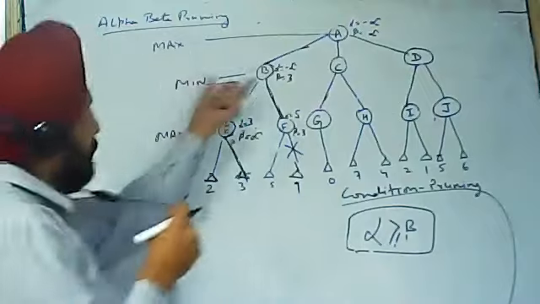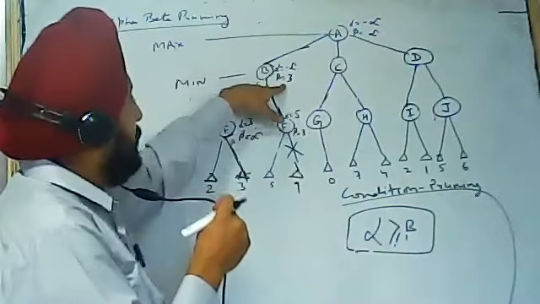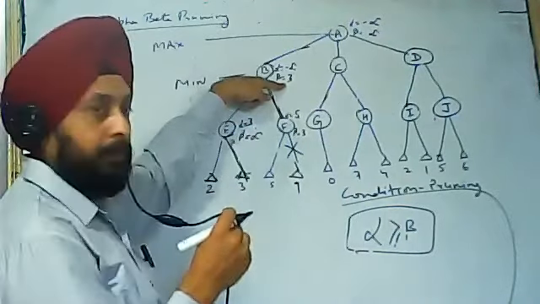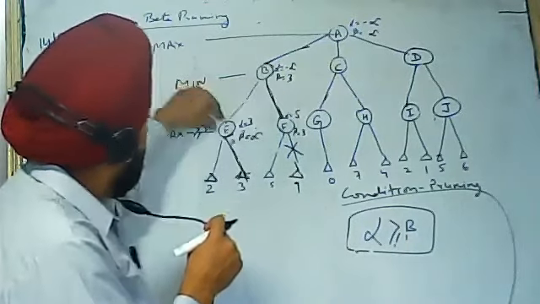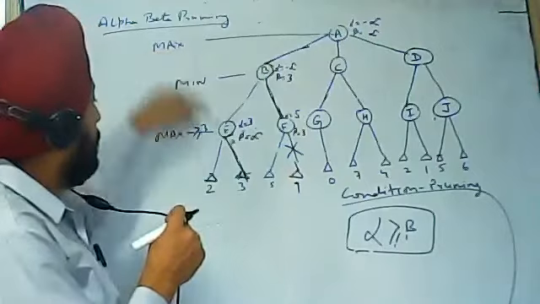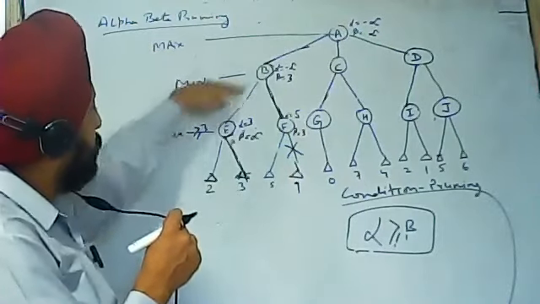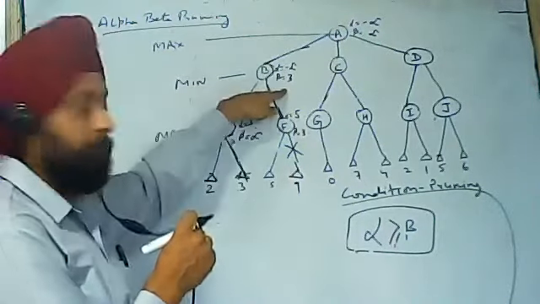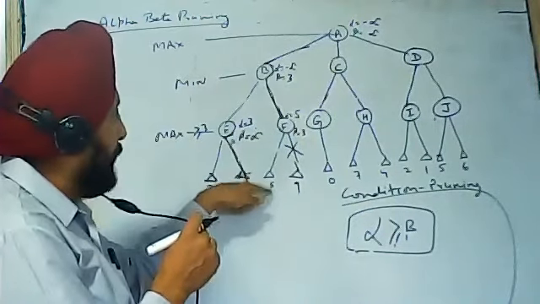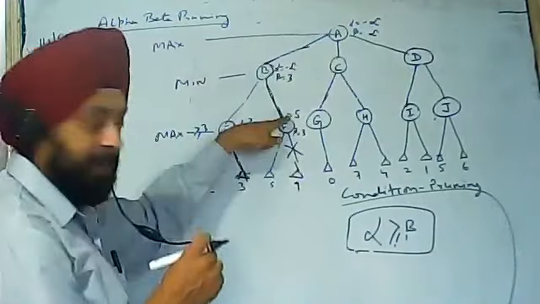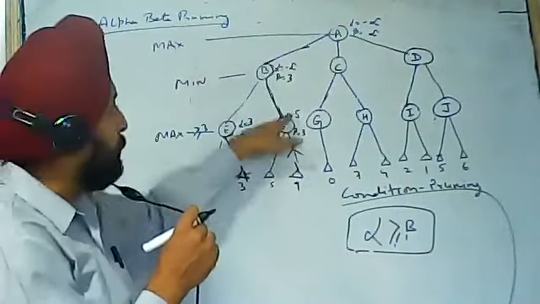You look at it this way also. If it is 3 here, and we carry 3 here, on min's turn, if min follows this branch, 3 comes to this. And if it goes for this branch, either 5 will come or 9 will come. In minmax, we took 9 here.